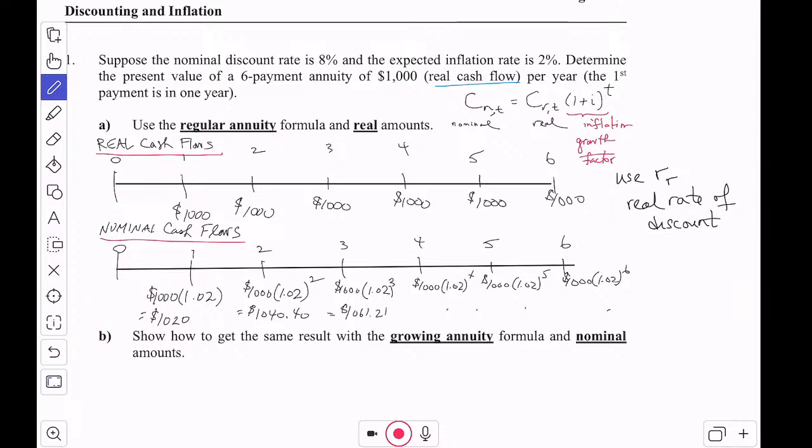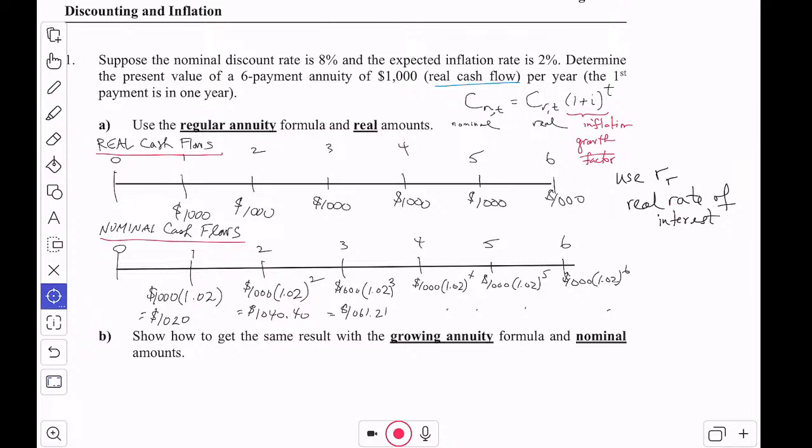So I'm going to use interest and discount interchangeably. This is the real rate of discounting, or I'll just call it interest. What the heck? Real rate of interest. Okay, so for real cash flows, you have to use the real rate of interest.